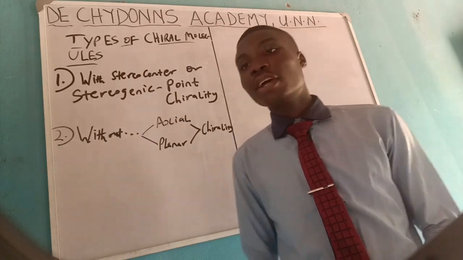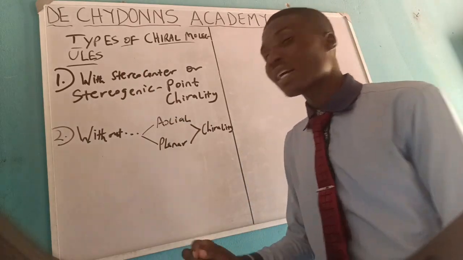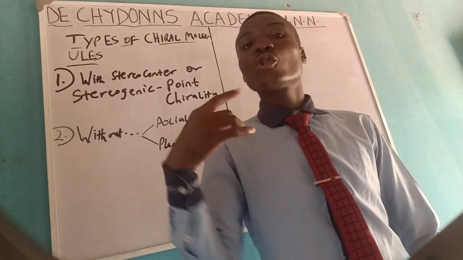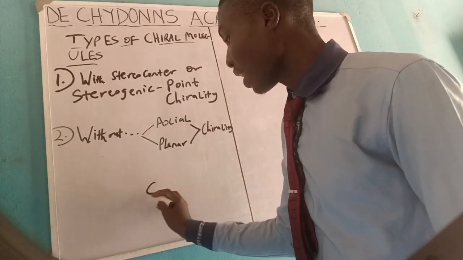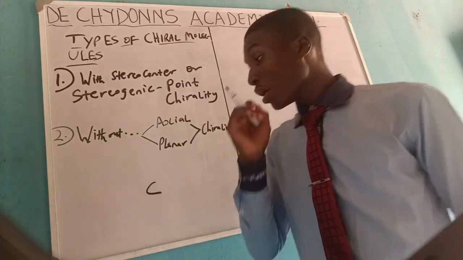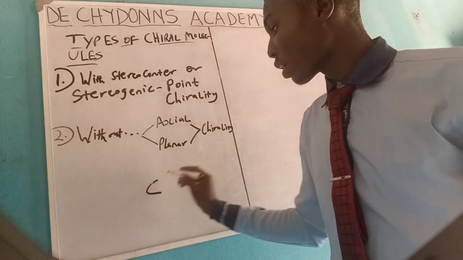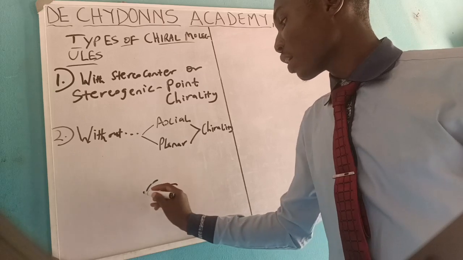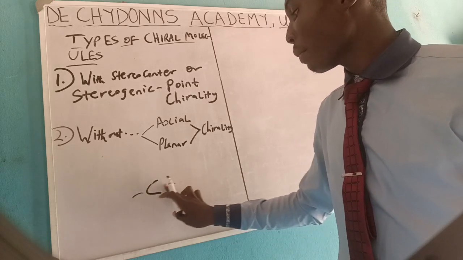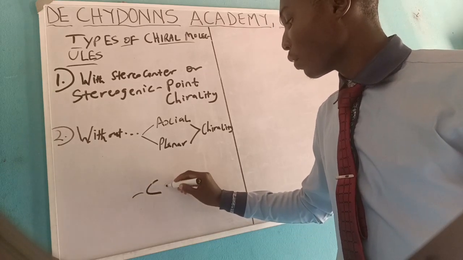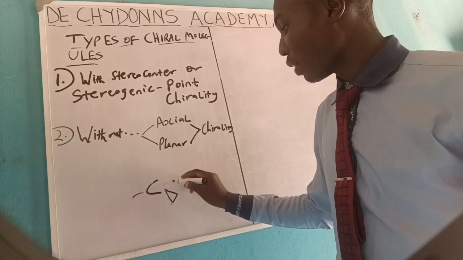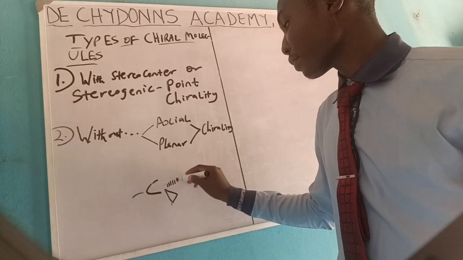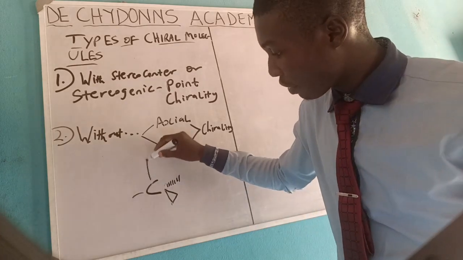I'll just have to use an example to explain to you. And one common example we usually use is carbon. Now let us look at carbon, and let us look at a compound like this. Now remember, we have our wedge bond and our hash bond. So let's use our wedge bond and our hash bond. And then we have our stick bond here.